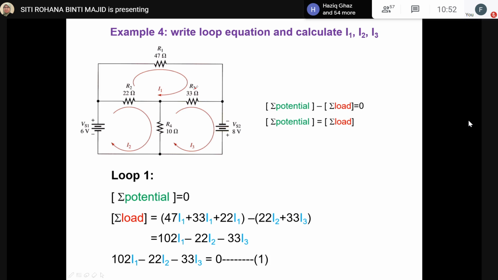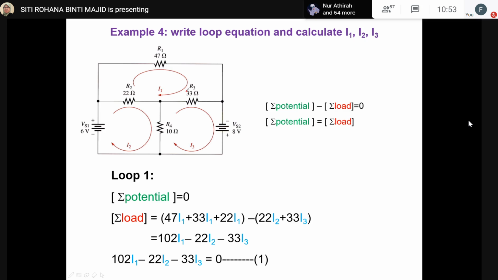Then we have R3, which also experiences I1, but at the same time it experiences I3. And R2 receives current I1, but the direction of I2 across this resistor is in reverse. So in the end you can write the equation as 47 I1 plus 33 I1 plus 22 I1.